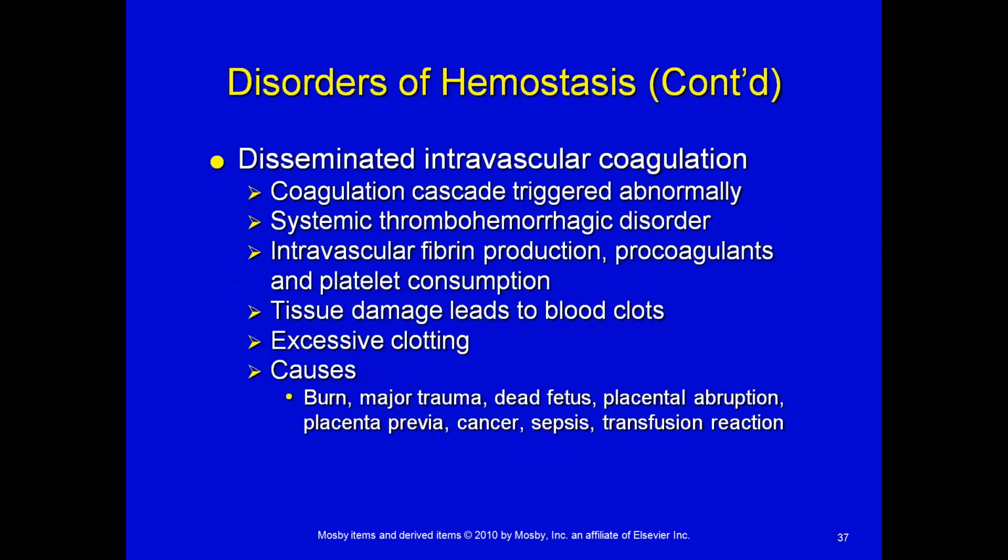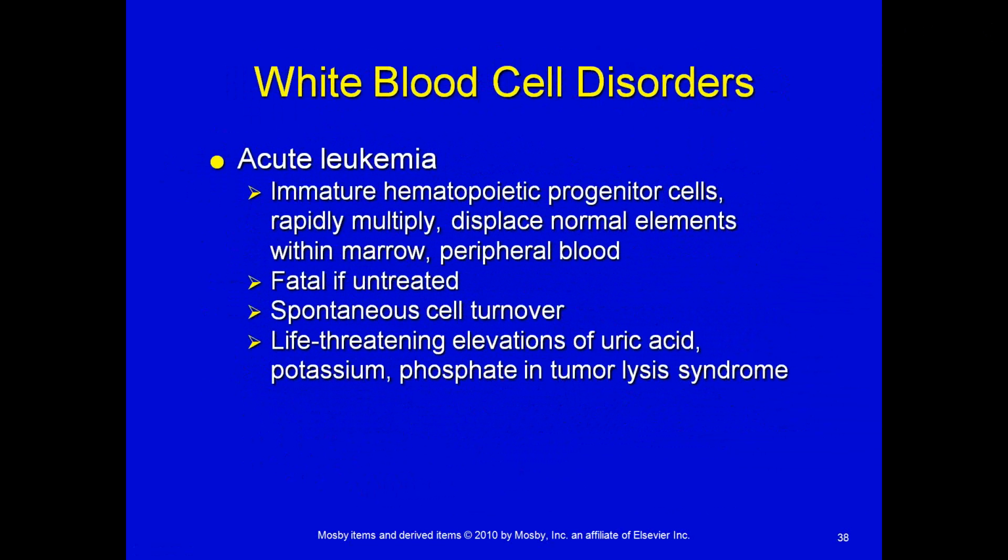Because at some point, once you use up your platelets, you don't have the ability to clot at all, and people with DIC just begin to hemorrhage out of all kinds of places. Causes of DIC include burns, major trauma, a dead fetus in utero, placental abruption, placenta previa, cancer, sepsis, and transfusion reactions.